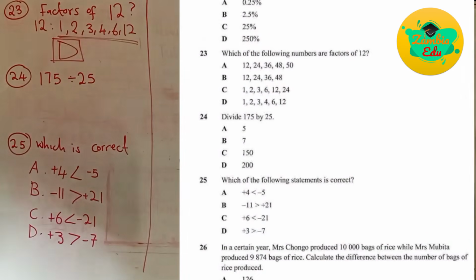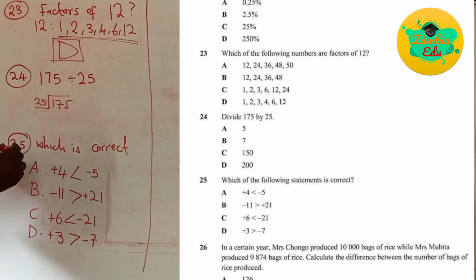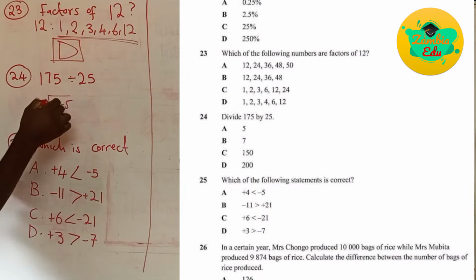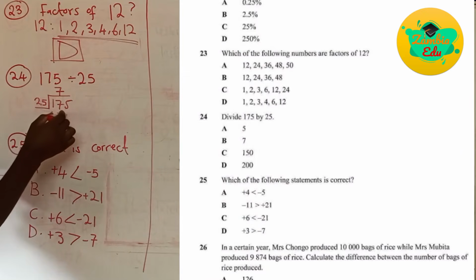Question number 24 says, divide 175 by 25. To get our answer, we can easily do a division. 25 into 175 goes there 7 times. 7 times 25 gives you 175.